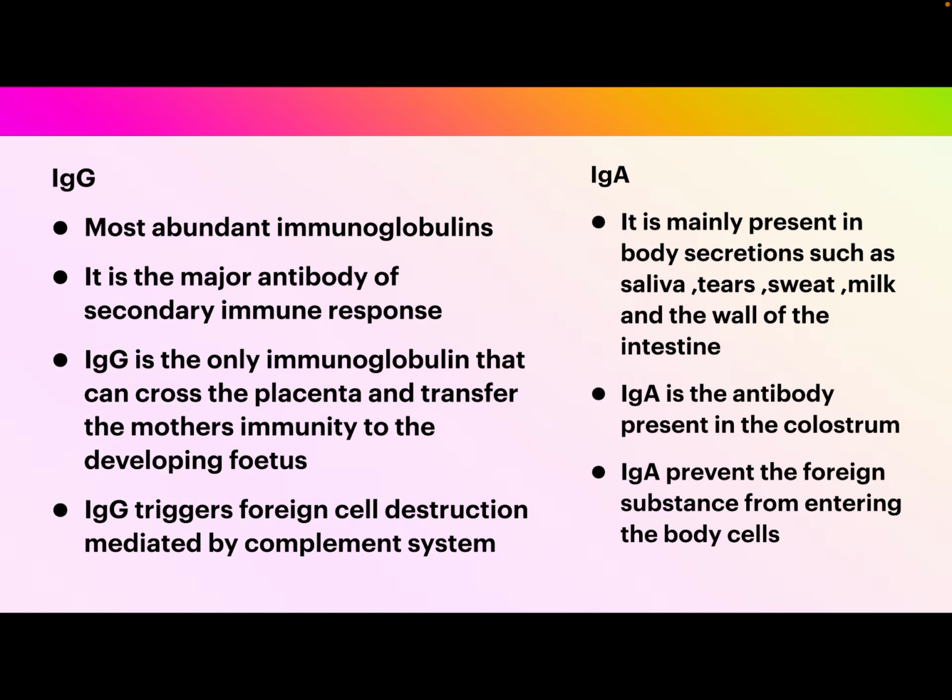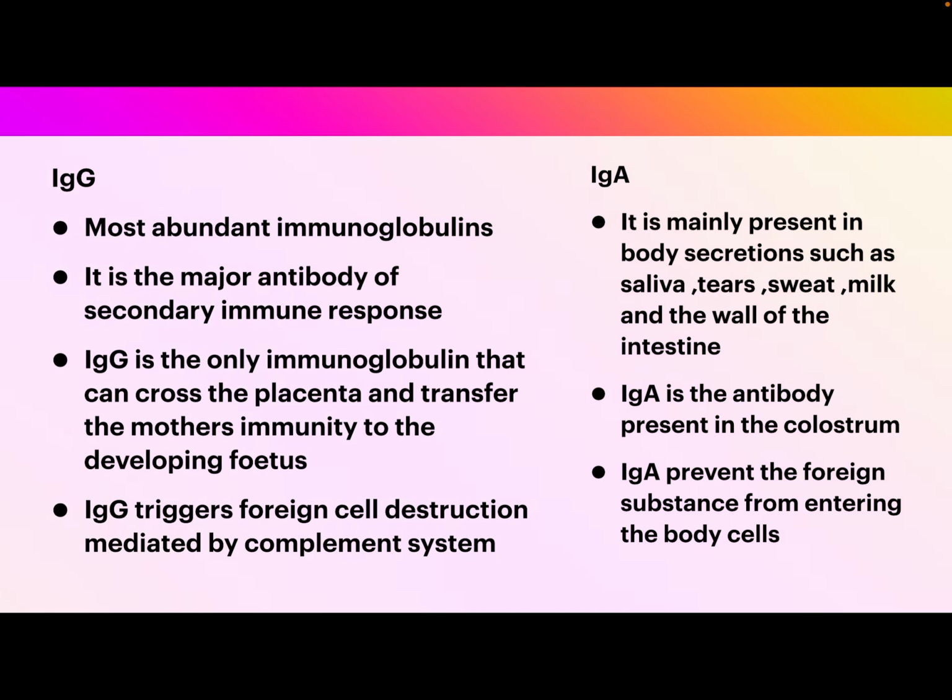Then when we look at the functions of each immunoglobulin, IgG is the most abundant immunoglobulin and is the major antibody of the secondary immune response. When an antigen enters our body, the body starts to secrete antibody against it. That is called the primary immune response.